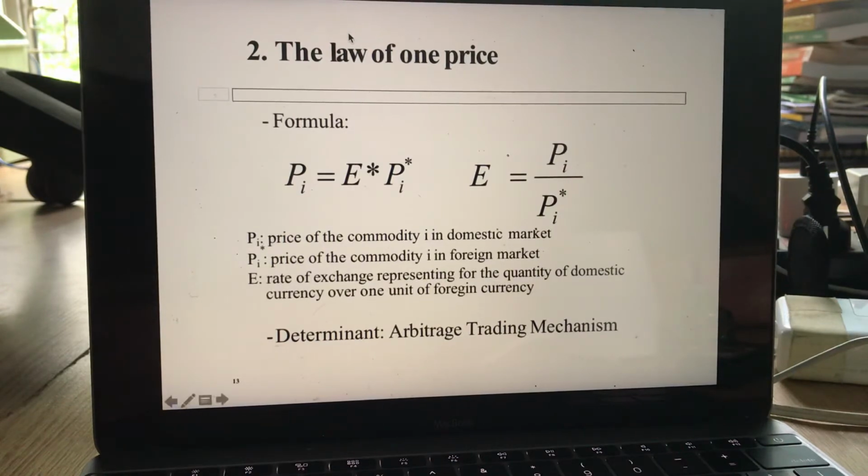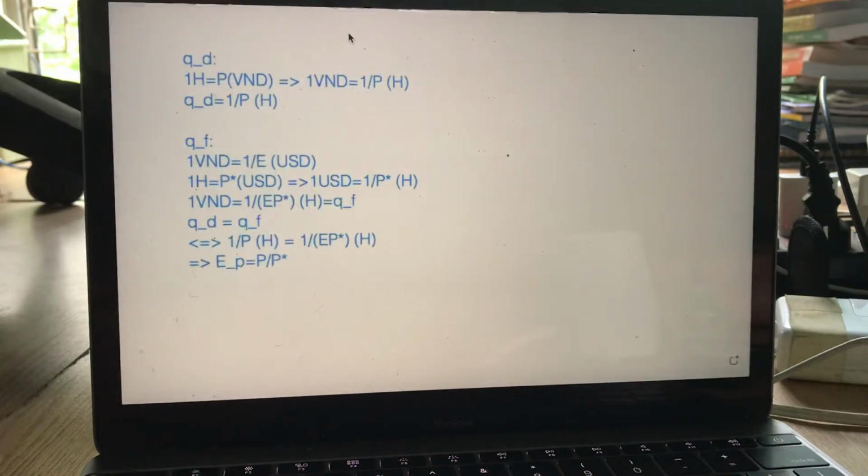At a point in time, when you make such a calculation, you may see three scenarios. In the first one, P is greater than E P star. The second one, P is less than E P star. And the third one, P equals E P star.